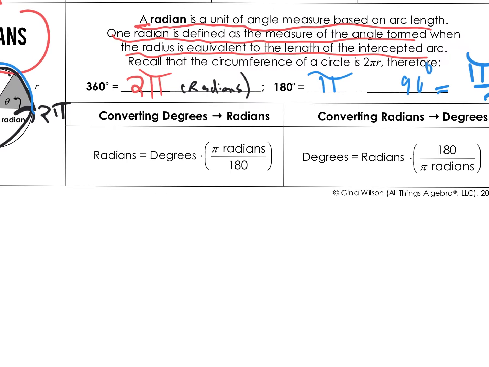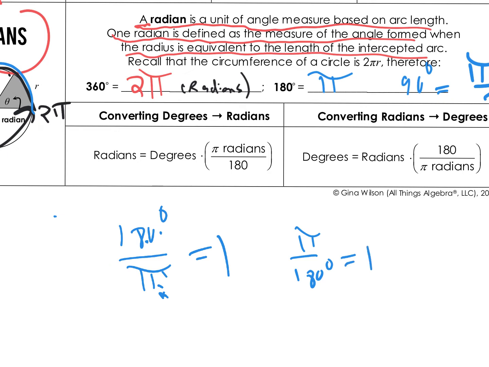When you see 180 degrees over pi, they both mean the same thing: 1, exactly, because 180 degrees is pi radians. But if you don't like it looking like that, you can look at it the other way. Pi over 180 degrees is also what? 1. Doesn't matter.